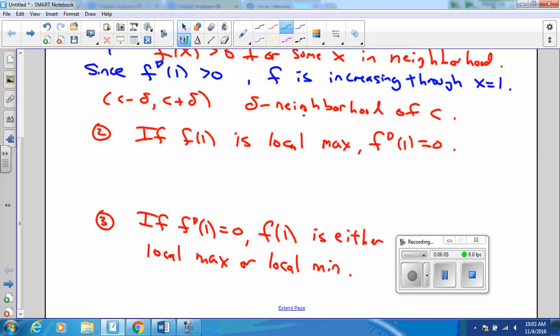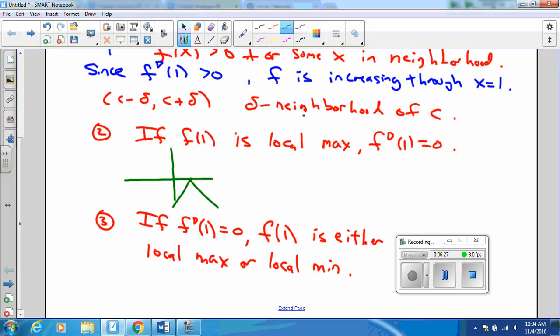If f of 1 is a local max, then f prime is equal to 0. True or false? False. Give me a counterexample, Justin. It's like this corner. Okay. I want a specific counterexample. What could it look like? Yes, exactly. That works.